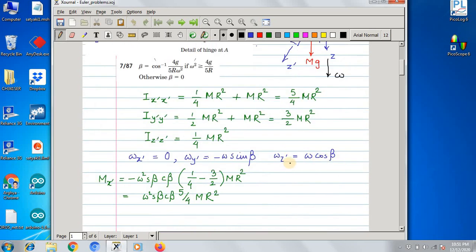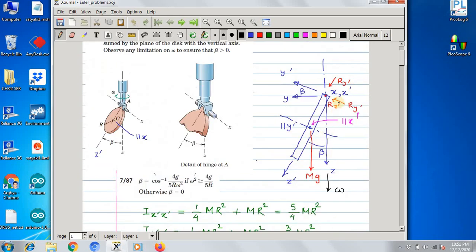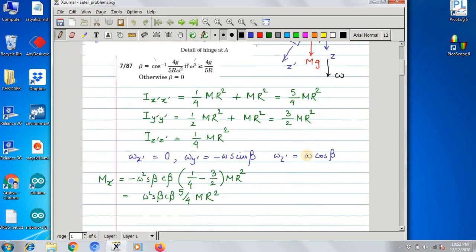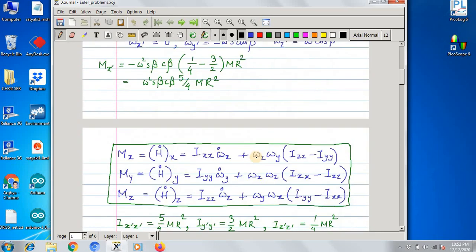So omega cos beta along z dashed and omega sine beta along minus y dashed. So omega y dashed is minus omega sine beta.